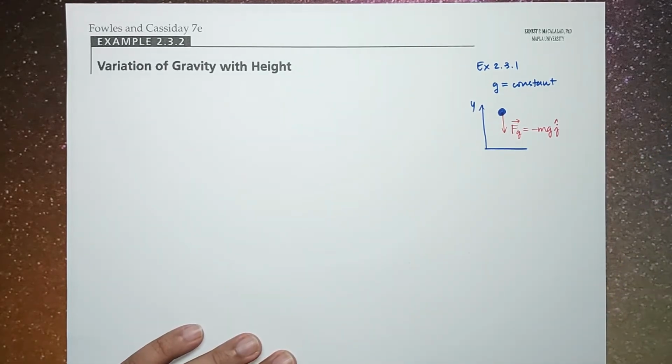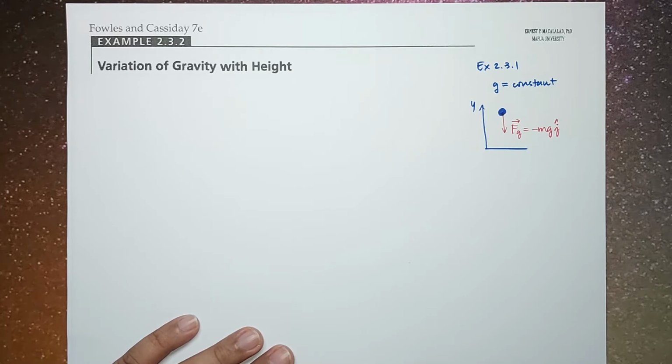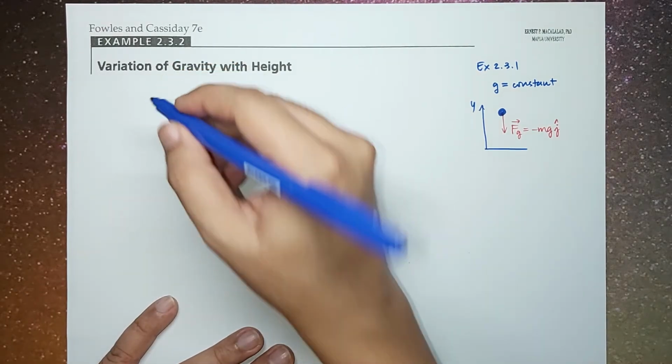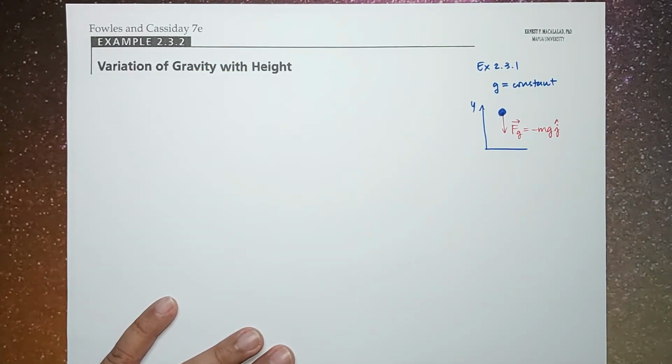However, the force of gravity between two particles is actually related to the distance between the two objects that exert those forces. This is given by Newton's law of gravity, which states that the force is inversely proportional to the square of the distance between them.